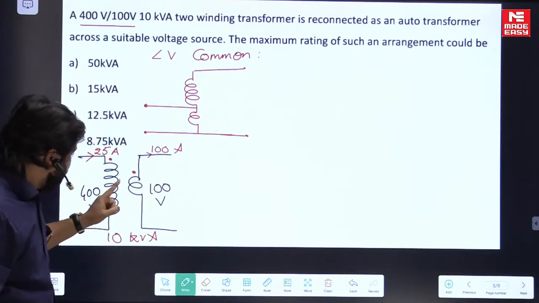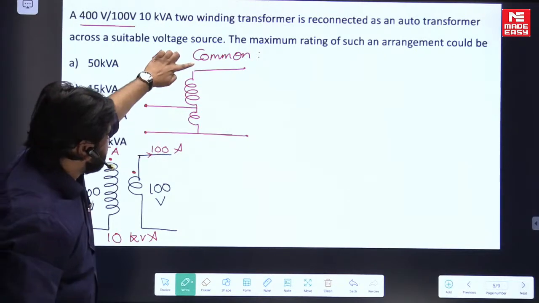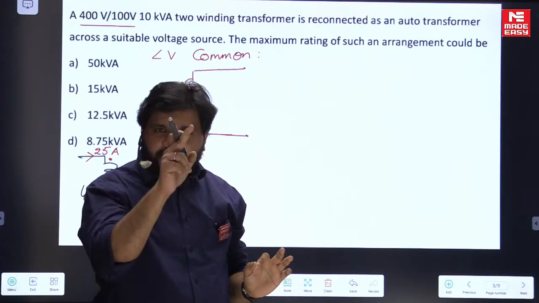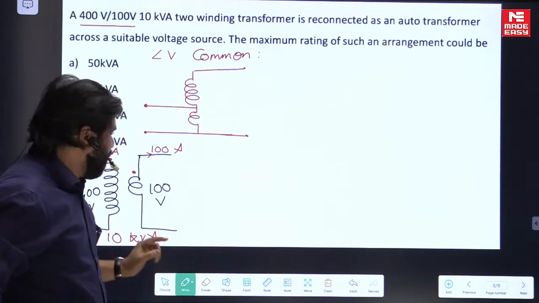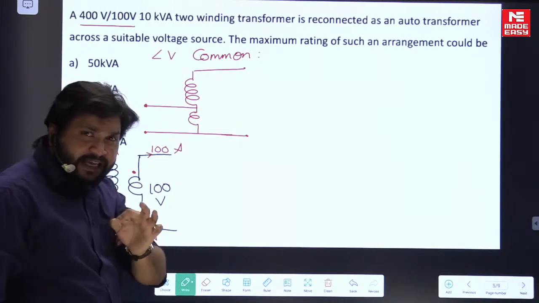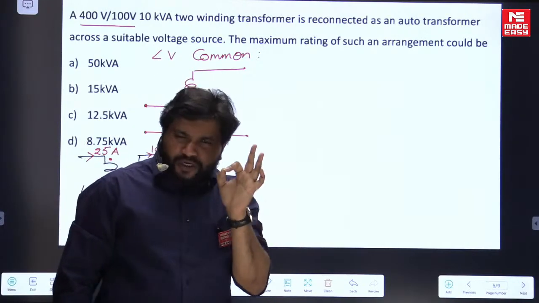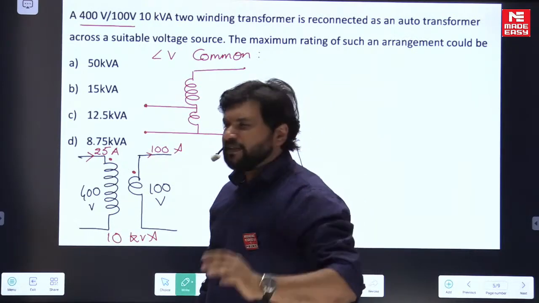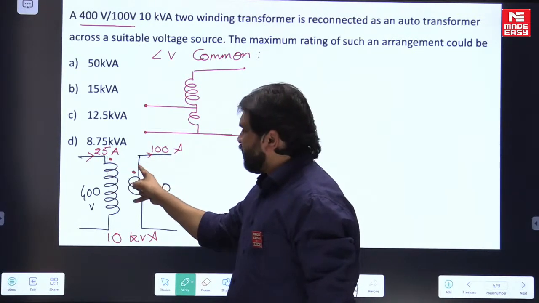And one thing, while you connect the windings in series, imagine a connection in this way, plus minus kind of thing. You know, dots represent the same polarity. The importance of dot notation is that it conveys the same polarity. Let us take, for instance, this is plus and this is plus.